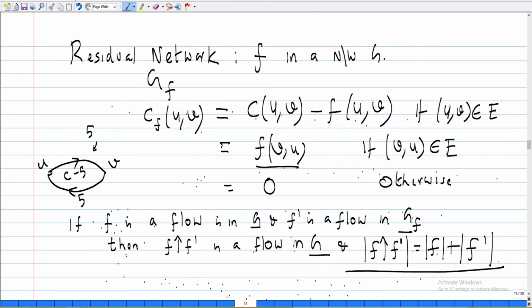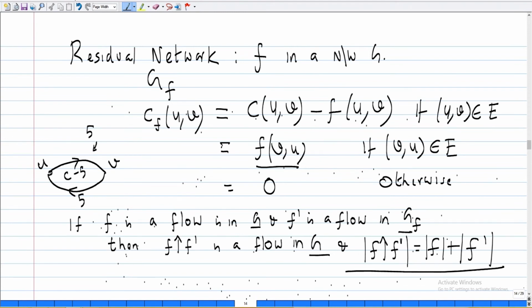I have written this more carefully. We will show that whatever currents you add is the total current that goes out of S. So that requires some amount of careful analysis, because if you look at the value of the flow, there is an addition term at S and a subtraction term from S. We should still ensure that this addition is indeed correct. That is what we are going to prove.